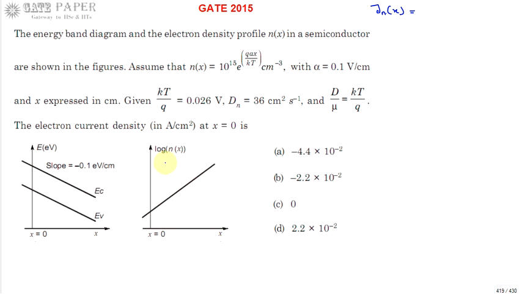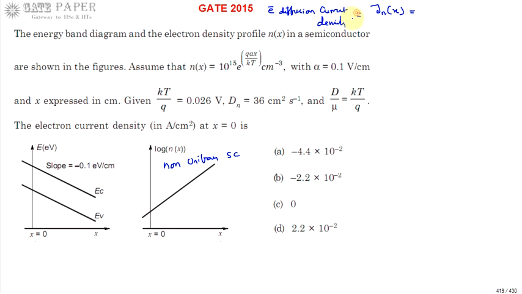This implies a non-uniform semiconductor, so for this non-uniform semiconductor, diffusion current density definitely exists. So what we are going to calculate is the electron diffusion current density.